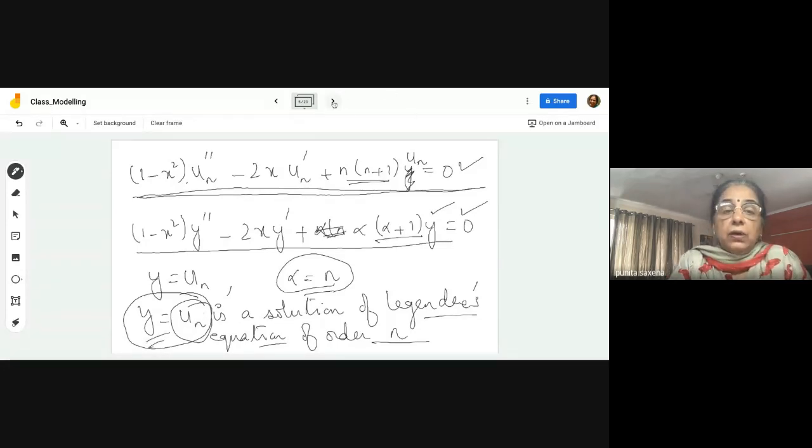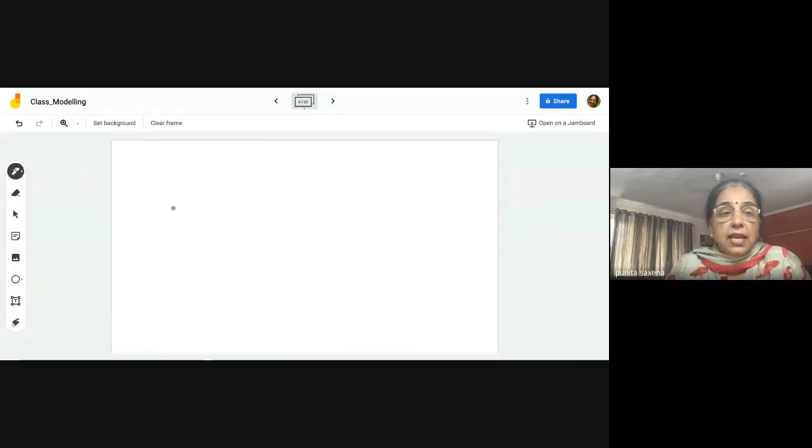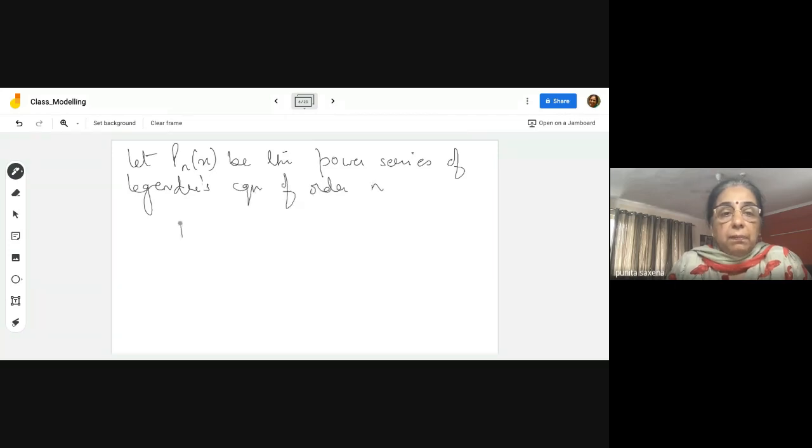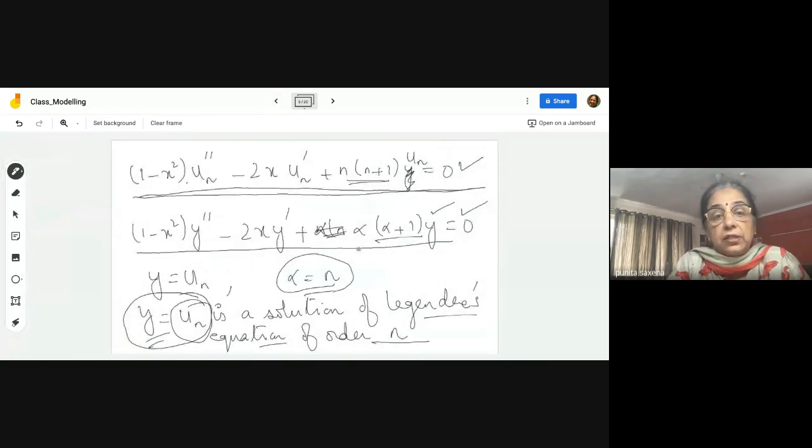Or in other words, let Pn(x) be the power series solution of Legendre's equation of order n, then my Pn(x) is actually nothing but some constant into un, because I'm writing the general solution now.